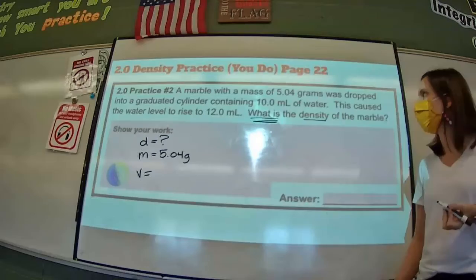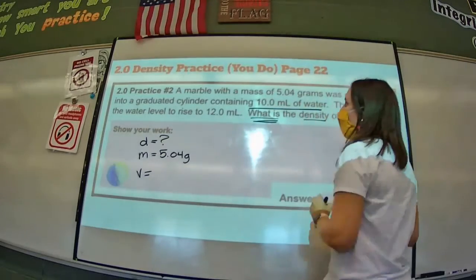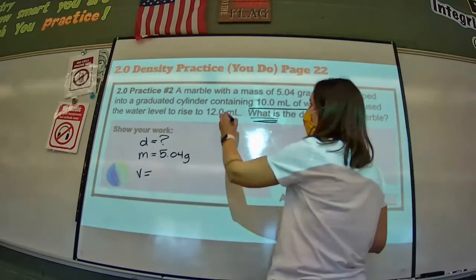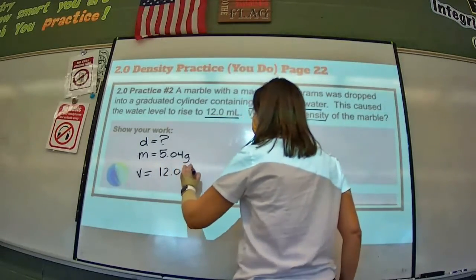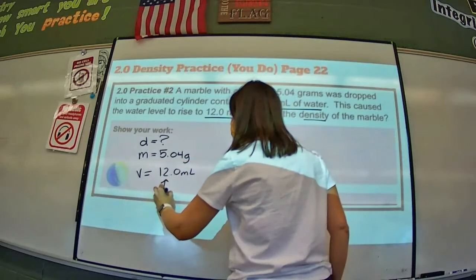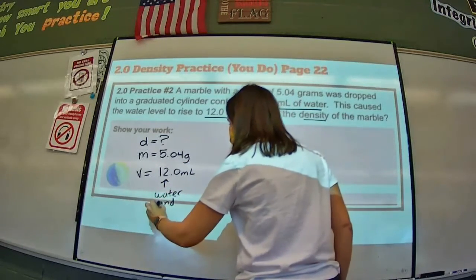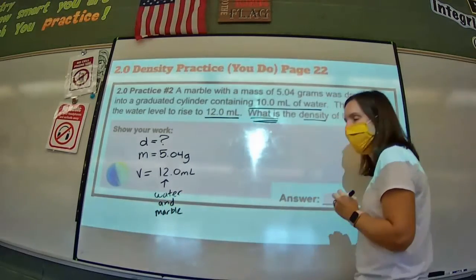And then it tells me about water. So it tells me I have 10 milliliters of water. And then I add my marble to the water and it goes up to 12 milliliters. So 12 milliliters represents my water and my marble. Okay, so that's water and the marble.